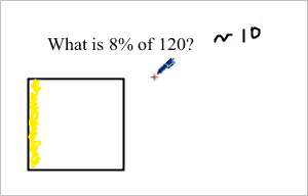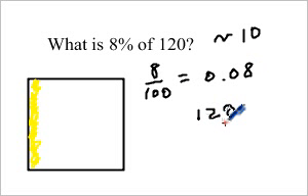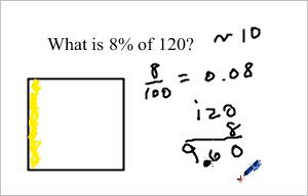Okay, now let's calculate it. Let's change 8% into a decimal. Let's multiply that decimal times the whole. We can do it without the decimal places. 8 times 0 is 0. 8 times 2 is 16. 8 times 1 plus 1 is 9. I estimated 10, and so my decimal place is going to go there.